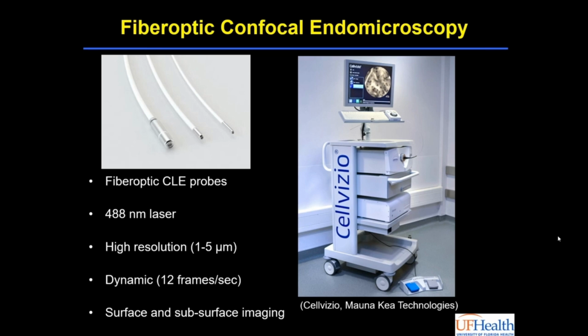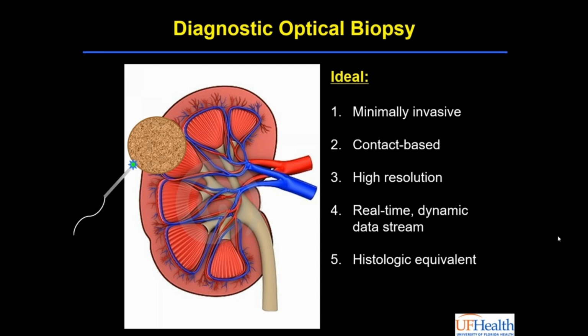And this is currently being widely used in pulmonary medicine as well as gastroenterology, where they can pass these down scopes during bronchoscopy or colonoscopy to touch different tumors and different abnormalities to determine what they are, even without doing a biopsy. So it occurred to me, if that can be done, can we do the same thing with kidney tumors?